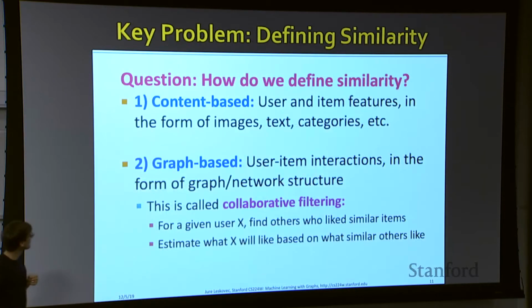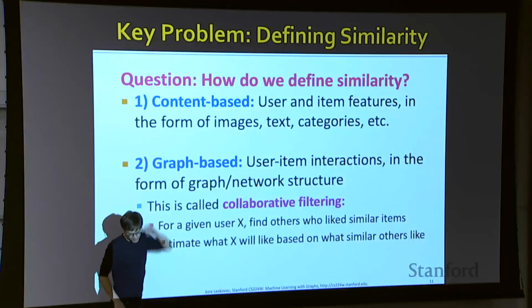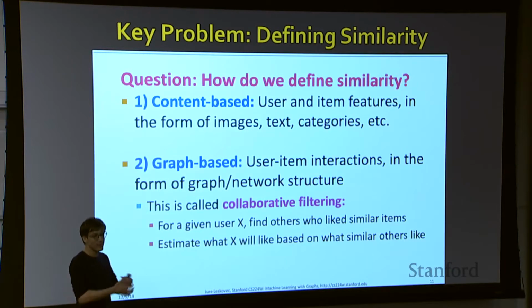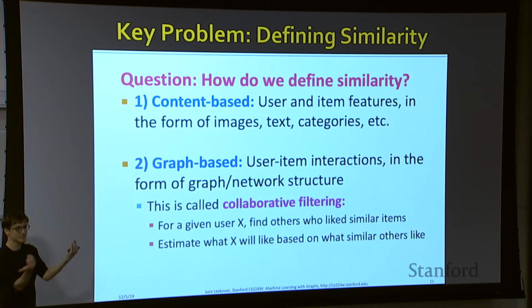So now the question is, how do I define this notion of similarity between objects or between items? And generally, there are two ways how you can do this. One way how people do this traditionally is what is called content-based, right? So you would say, for every item, for every user, I have a set of features, and the similarity of two items is the similarity of the corresponding features, right?